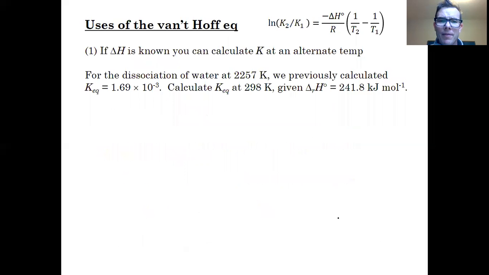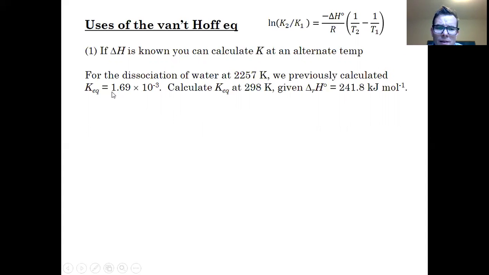All right. The van 't Hoff equation has two important uses. And again, they sort of mirror that Clausius-Clapeyron equation. Here is the van 't Hoff equation. One notion is that if I know what delta H is, I could calculate K at an alternate temperature.